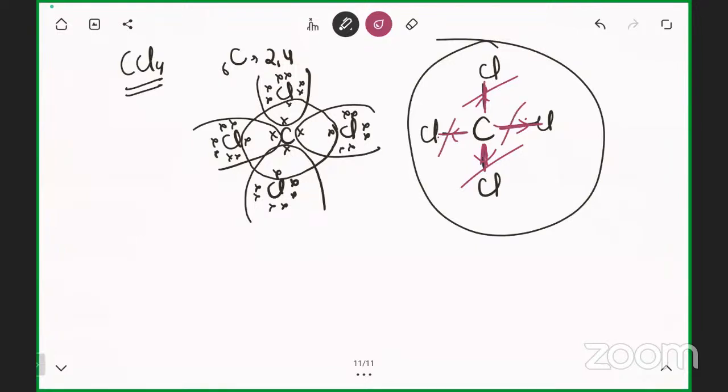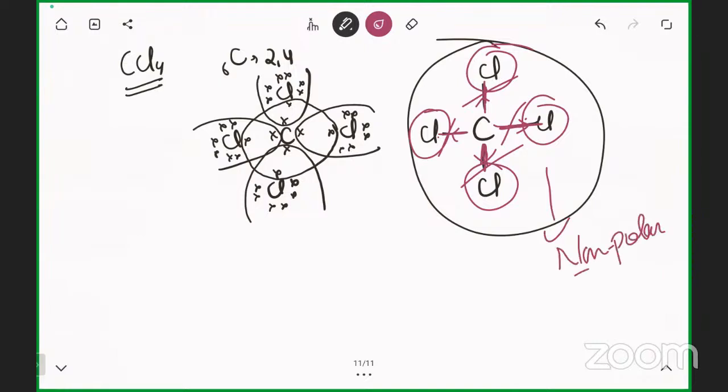So none of the chlorines can take the electron pair. So this compound CCl4, whether there is an electronegativity difference or not, will be considered a non-polar compound.